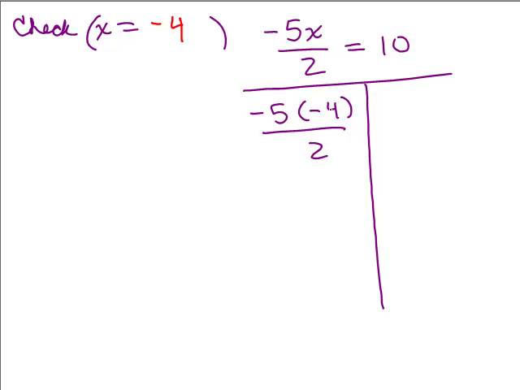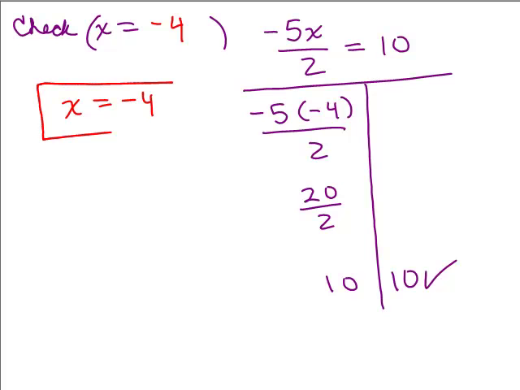Let's multiply the top. That's one way of doing it. 20 divided by 2. 20 over 2 means 10. And on the right-hand side, I have a 10, so that checks out. So x equals -4 is the correct solution, and using solution set notation, we write the -4 in the braces.